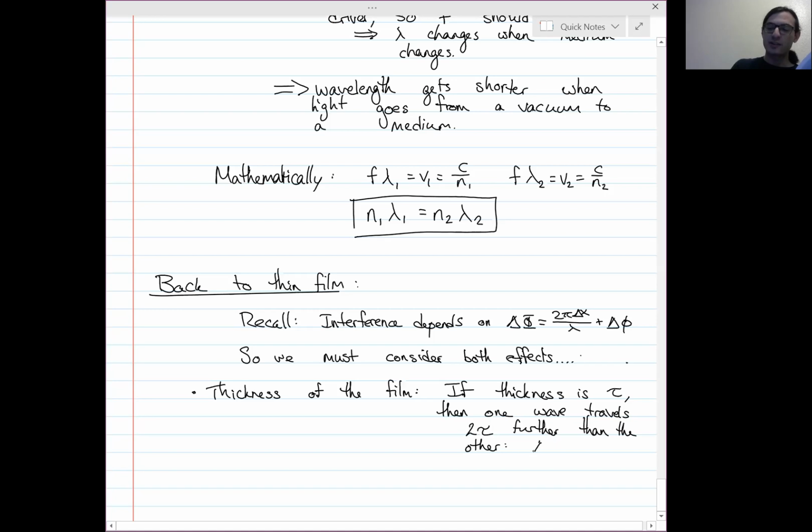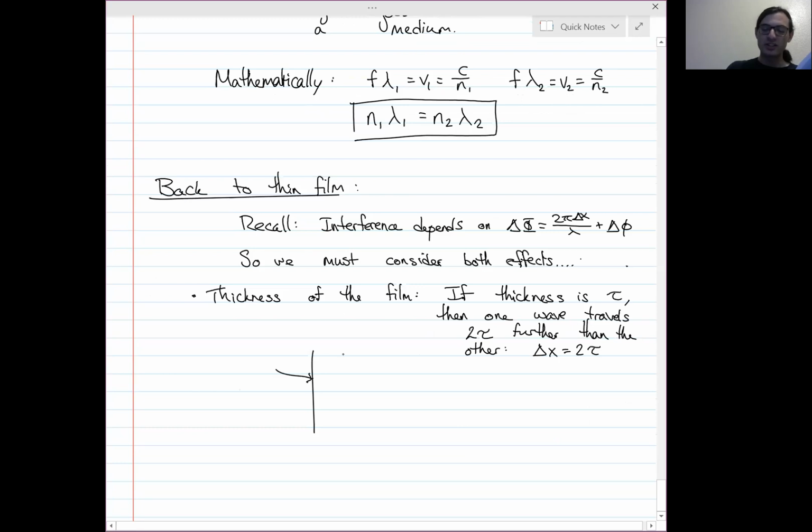That implies that delta x equals 2 tau. So the picture here is you have one wave coming in, you have this thickness here, which is tau. That wave reflects off of both. So this distance here is tau, this distance here is tau, because remember, they're supposed to be straight on, so the angles are just there for visualization. So it travels 2 tau further, right?